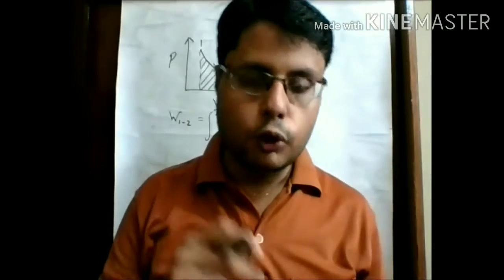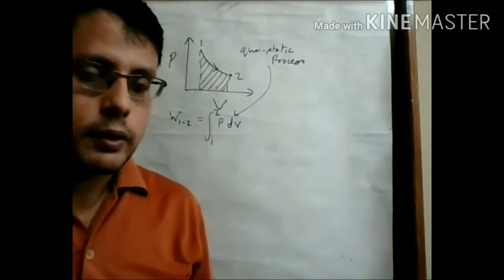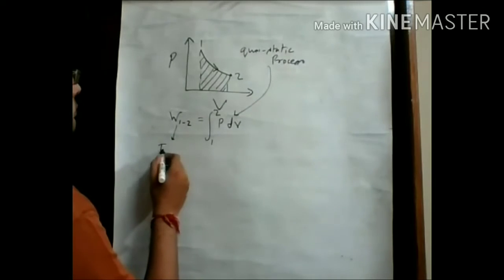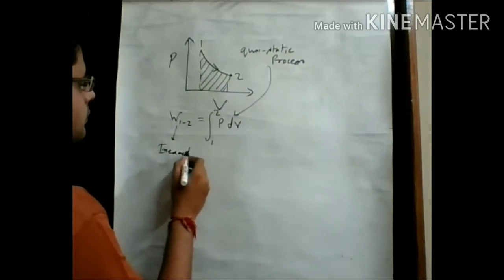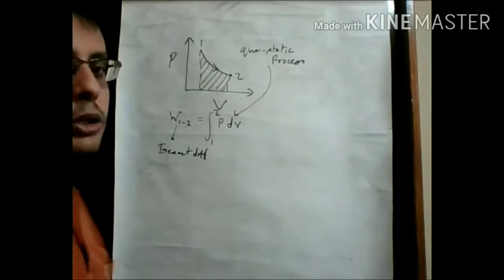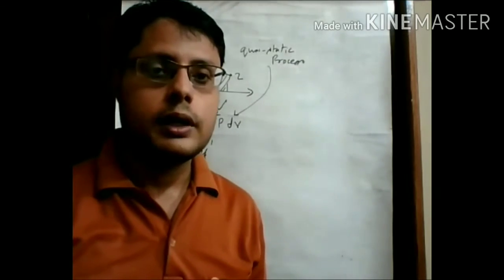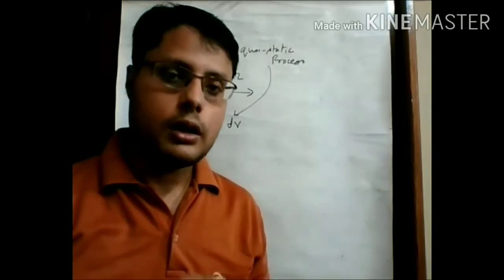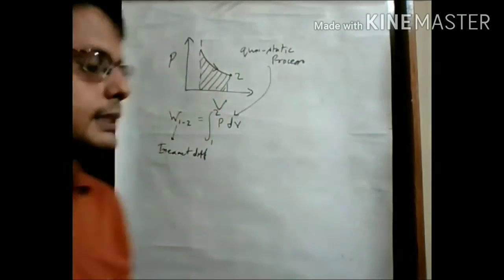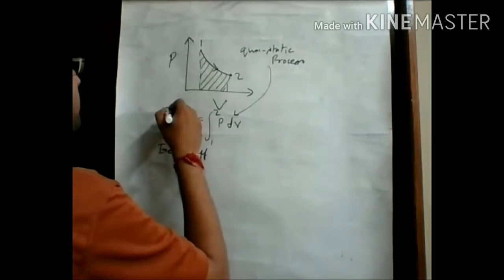And we know that work transfer W is an inexact differential. That's why it is not a property of the system. It does not depend upon the initial and final state; it depends upon the path, and that's why we can say that work is a path function.